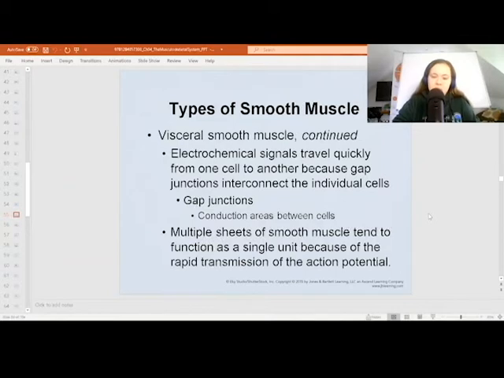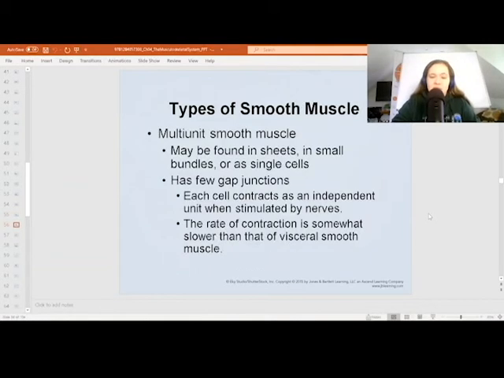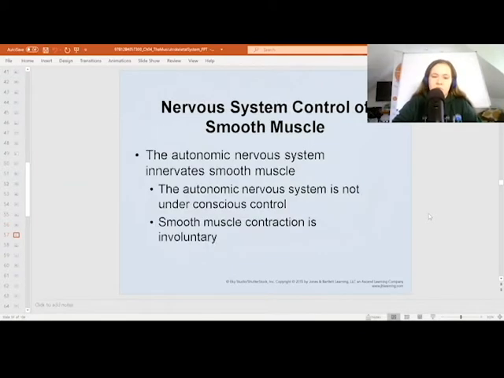Multiple sheets of smooth muscle tend to function as a single unit because of the rapid transmission of the action potential. Multi-unit smooth muscle may be found in sheets, in small bundles, or as single cells. They have few gap junctions, and each cell contracts as an independent unit when stimulated by nerves. The rate of contraction is somewhat slower than visceral smooth muscle.